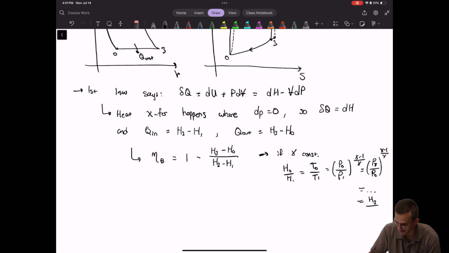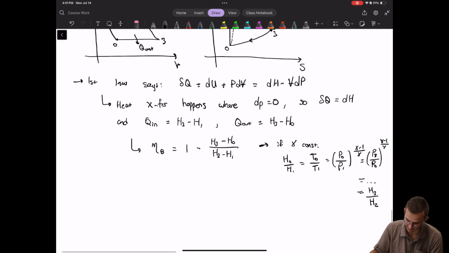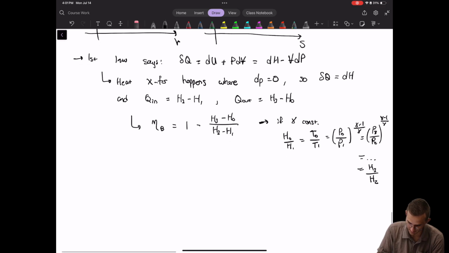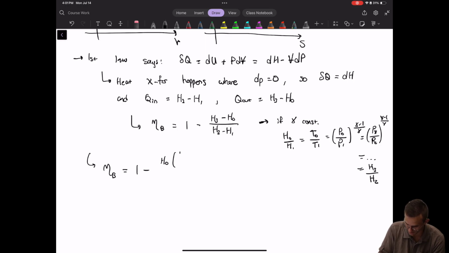So H naught over H1 is equal to H3 over H2, and we can sort of sub these in and rewrite the Brayton efficiency in a simpler way, where you get η equals 1 minus H naught times this quantity H3 over H naught minus 1 over H1 times this quantity H2 over H1 minus 1.